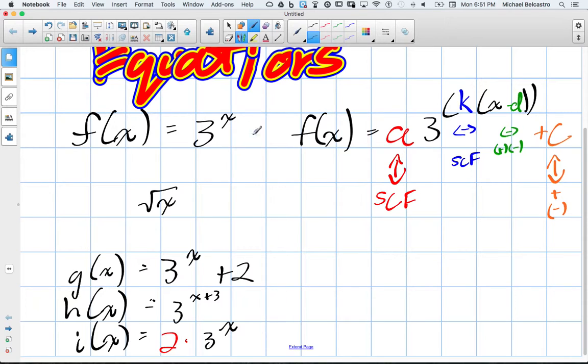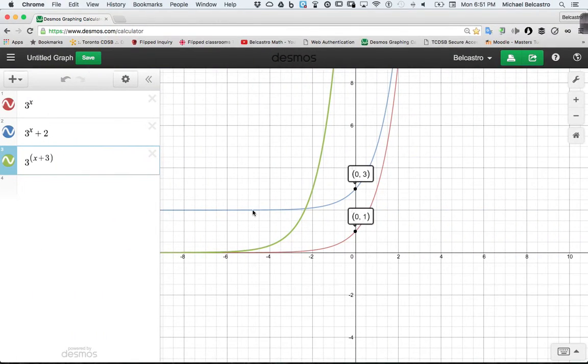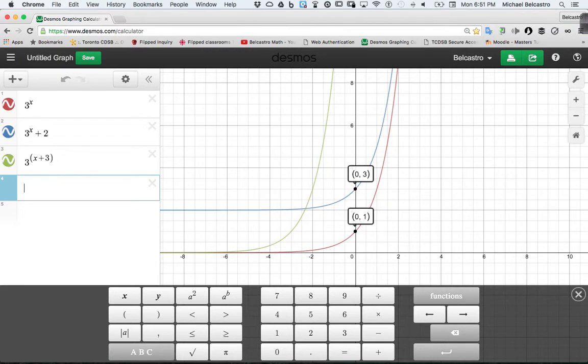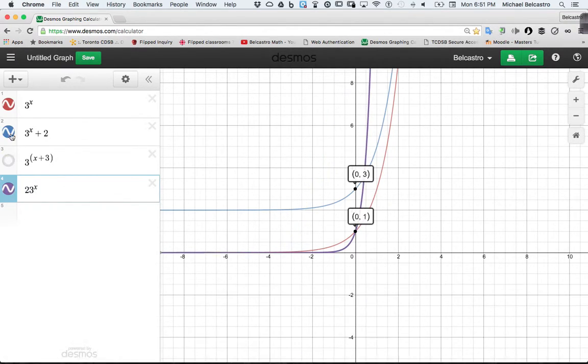So when I go to the other equation over here, we take 2. There we go. And you'll see the purple one in reference to the red one takes off much, much quicker. It's been stretched vertically, but that coordinate's still the same. That's a major coordinate with our exponential function. 0, 1 is going to be the same one for all of them because anything to the power of 0 is equal to the number 1.